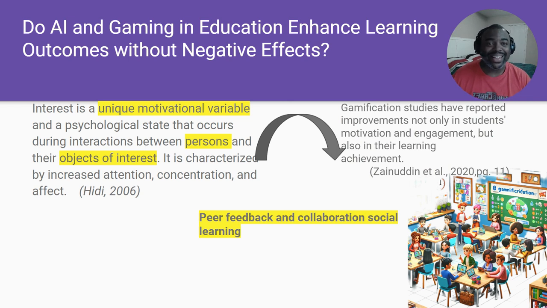Let's go back to Healy's statement of what interest theory is. If we focus on the phrases within the definition of it, unique motivational variable, and persons and their objects of interest, we can apply it to gamification. While I agree that there are mixed reviews on gamification, authors such as Zenutin have reported motivation and engagement when gamification is applied in educational settings. It can facilitate peer based feedback with social learning as well as collaborative cultures.